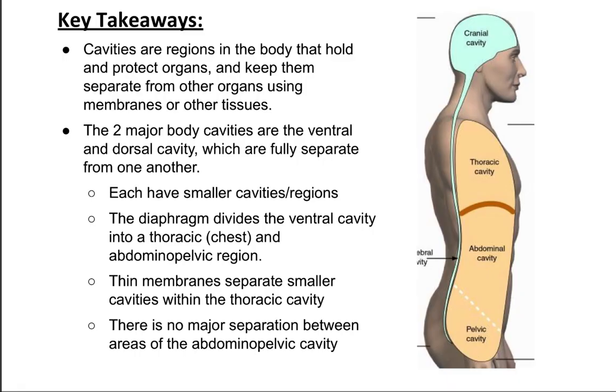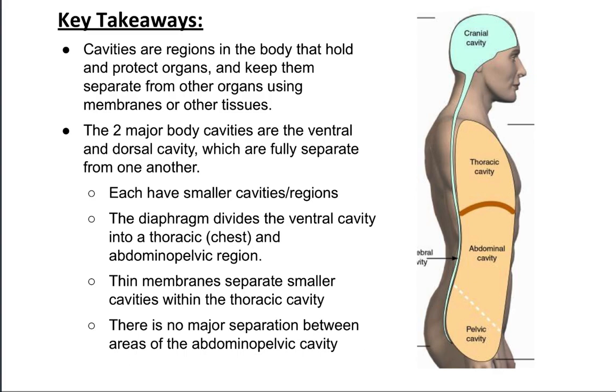So, the takeaways for today are that you want to remember cavities are pockets or regions inside the body that hold and protect organs, and they're kept separate from each other using membranes or some other kind of tissue like bone, muscle, or diaphragms. Of our two major body cavities, our ventral and our dorsal cavity, each has smaller regions or cavities.